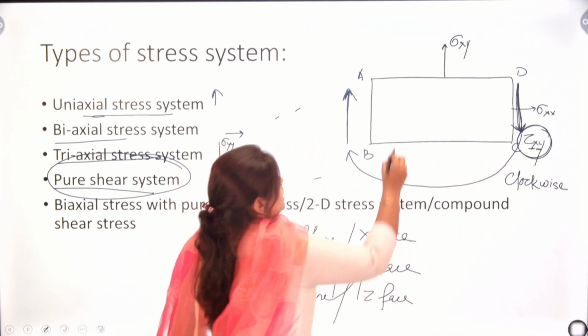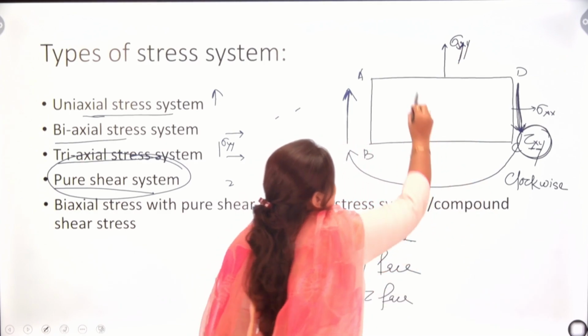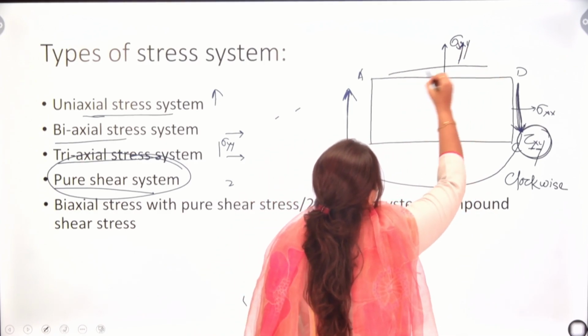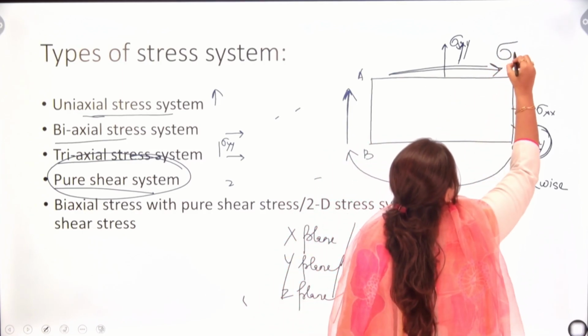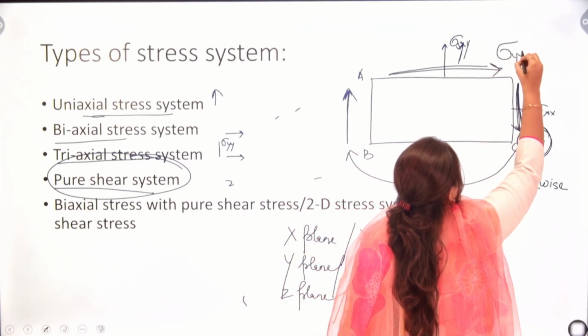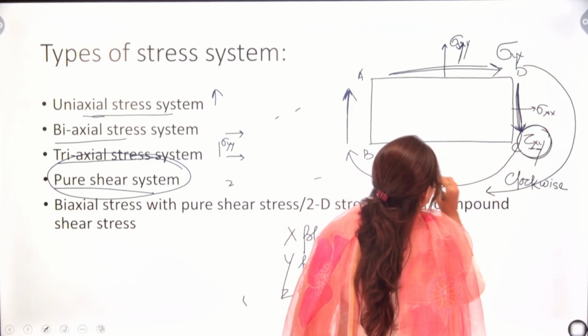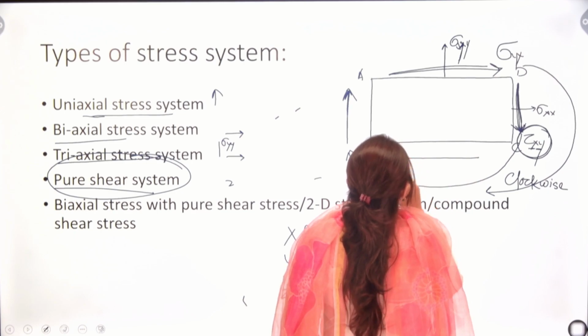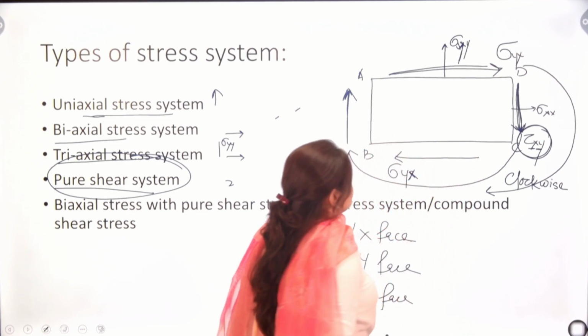Also, in the y plane and x direction, this will work in this way, so we will have tau yx.